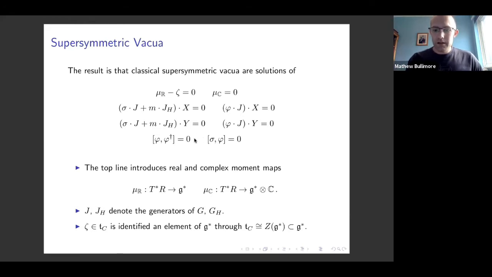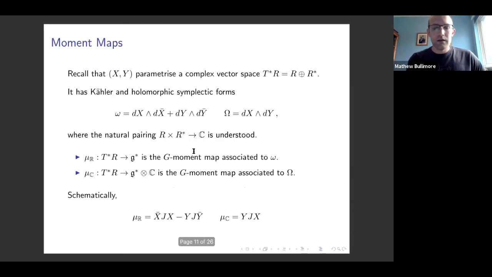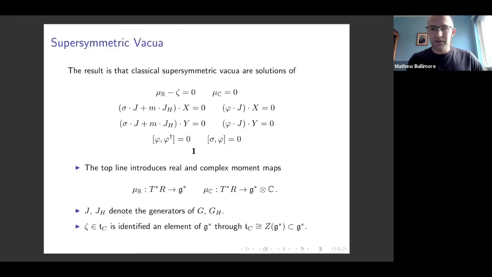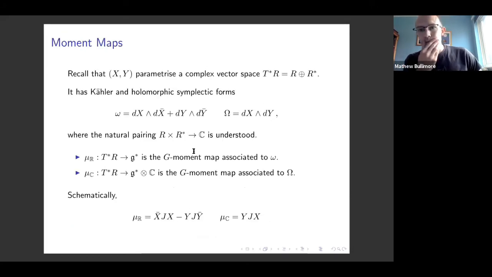Okay, so before I explain a better way to write these, let me just explain what these moment maps are, because I didn't say very much about those. But it's nothing fancy. One can write down the formula explicitly. Here's the way to think about it. The coordinates x, y parameterize the underlying vector space of our representation, so R plus R star.